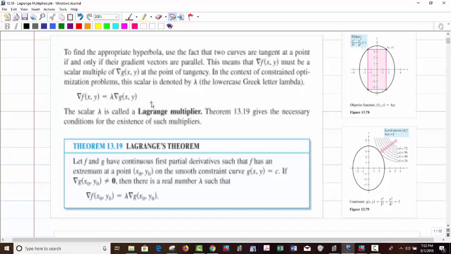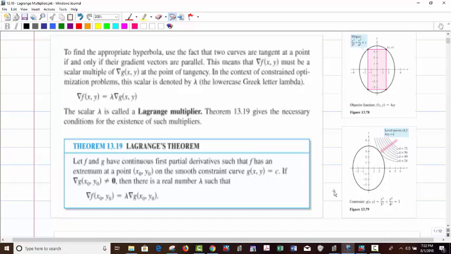Well, if your function, which is f, is going to be subject to this constraint g, where g of xy will equal some value c, and then f of xy will just be some function with x's and y's. But it has to be subjected to this. It has to be true here.